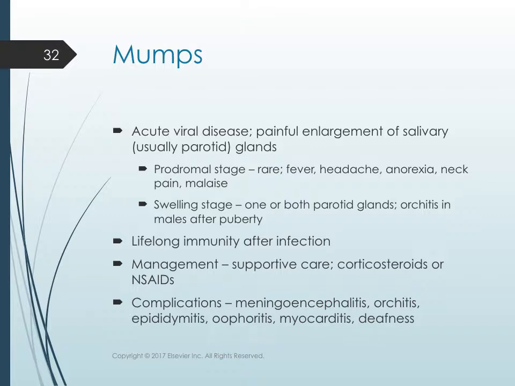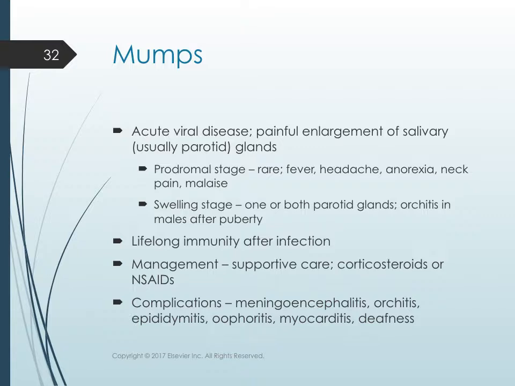And this also has a prodromal stage: a low-grade fever, headache, anorexia, neck pain, malaise, and then the swelling, which can be unilateral or bilateral, and can also manifest as orchitis, which is swelling of the testes in pubertal males.